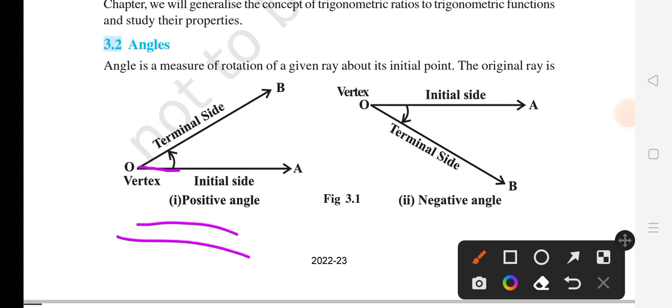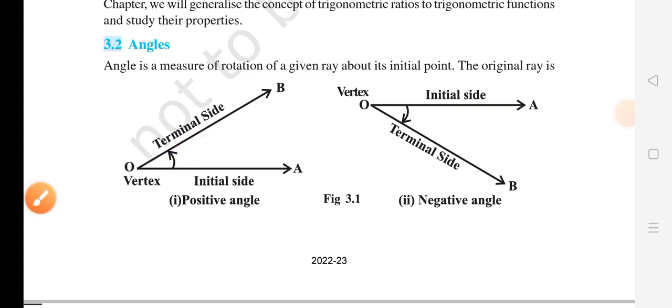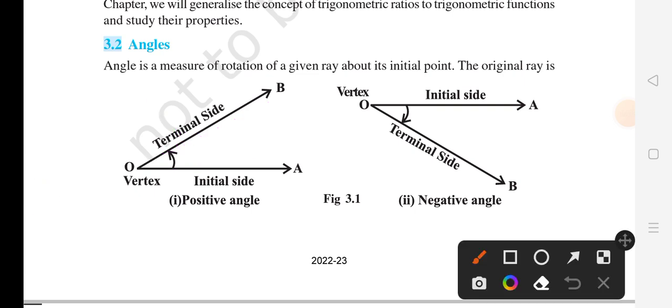This side OA is the initial side and it rotates, and the final position of ray OA is OB, that side is the terminal side. So OA is the initial side, OB is the terminal side. This makes an angle.